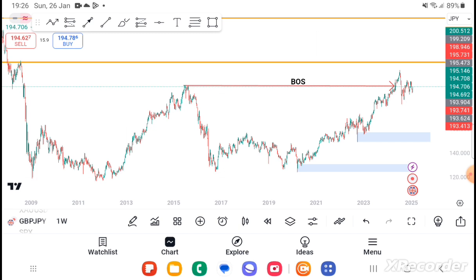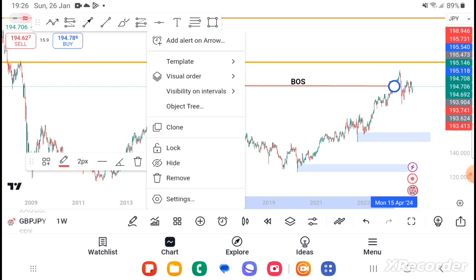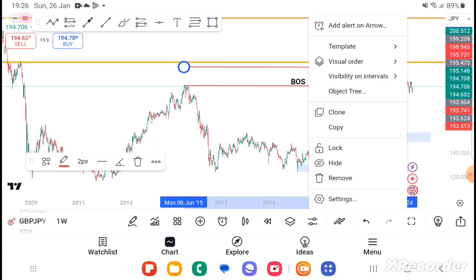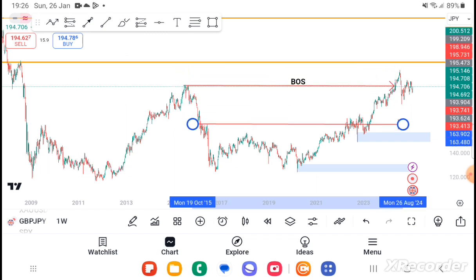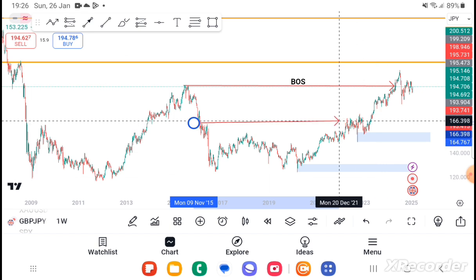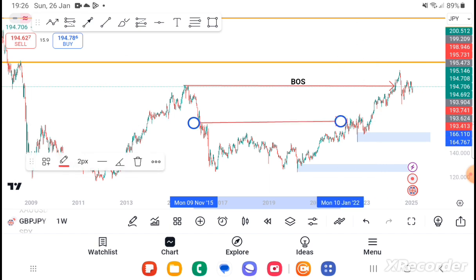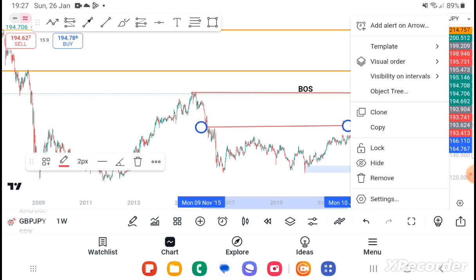So we have several of these breaks of structure to the downside, like below. So we have some here, so we have some there.